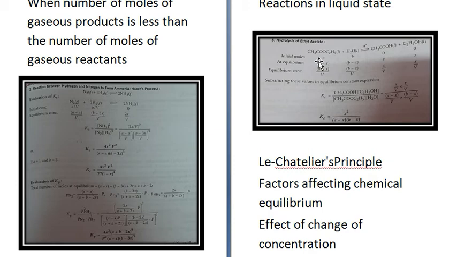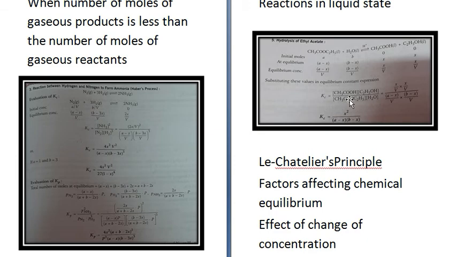Now, suppose the initial moles of ethyl acetate is a, water is b, acetic acid is 0, and ethyl alcohol is also 0. At equilibrium, ethyl acetate becomes a minus x, water becomes b minus x, acetic acid becomes x, and ethyl alcohol also becomes x. Equilibrium concentrations become (a minus x) upon V, (b minus x) upon V, x upon V, and x upon V.